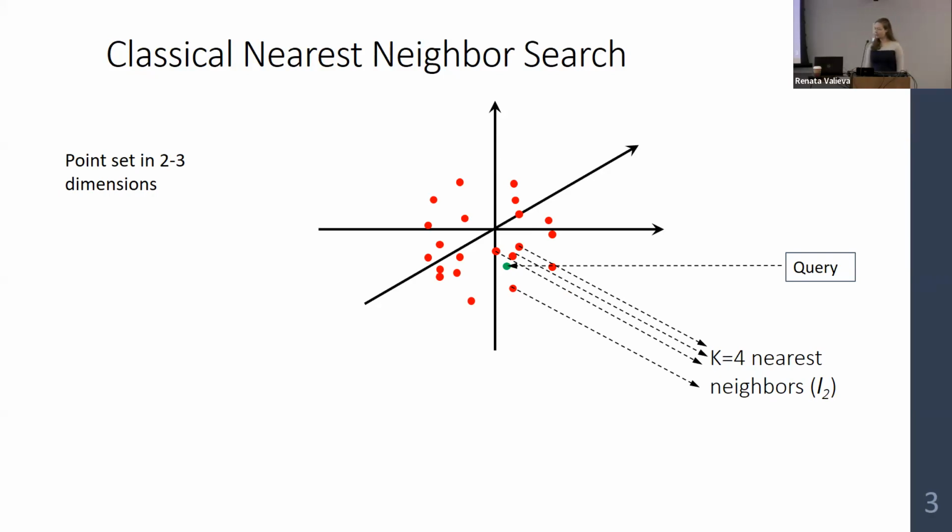Typically any metric distance works, or even, in the practical case, distances that aren't metrics, but you can just think of it as L2 throughout the talk. In this classical setting, we're looking at applications like surface reconstruction, collision detection, ray tracing, and other problems in the graphics space.